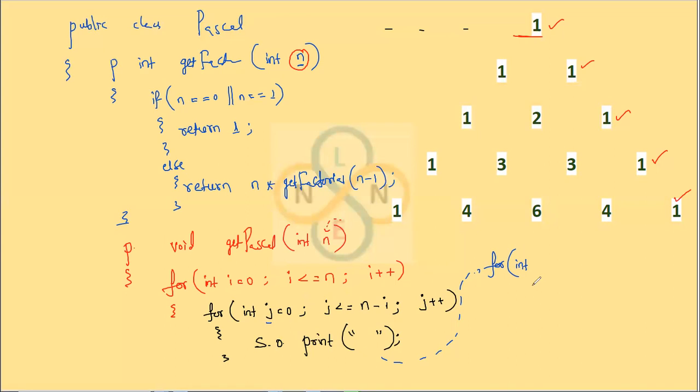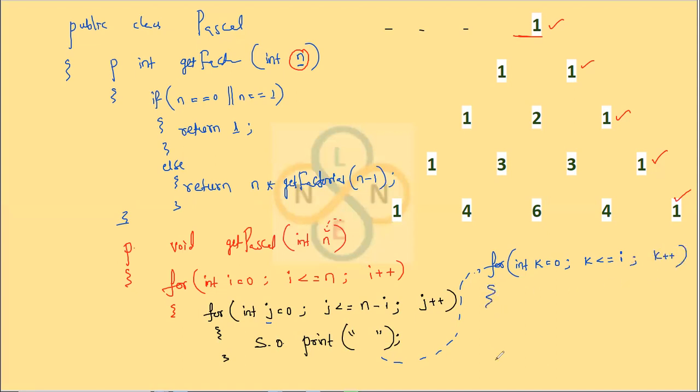If there is any confusion, then we can go for a different variable. So I'm using k equals 0. Then k is supposed to be less than or equals to, can you please tell me, is it less than or equals to n, or less than or equals to i or j? It's supposed to be less than or equals to i. Then next k plus plus.